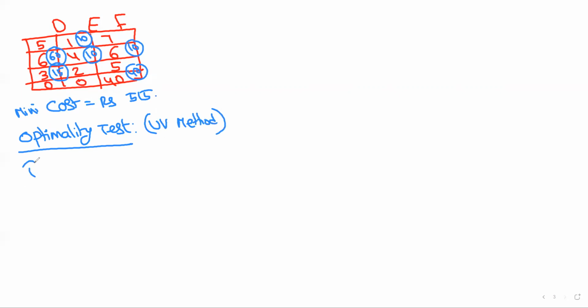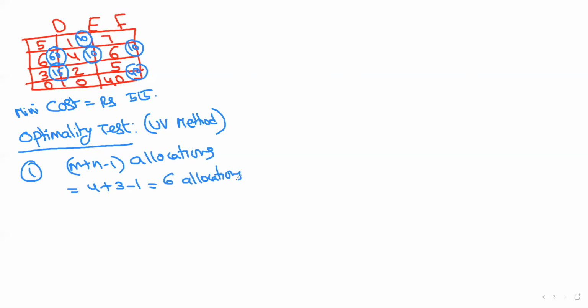Step 1: the allocations should be m plus n minus 1. Number of rows is 4, number of columns is 3, so 4 plus 3, 7 minus 1, is 6 allocations. Check how many allocations we have here: 1, 2, 3, 4, 5, 6. Yes, we have 6 allocations.